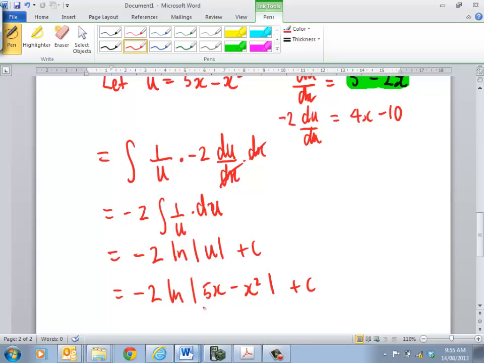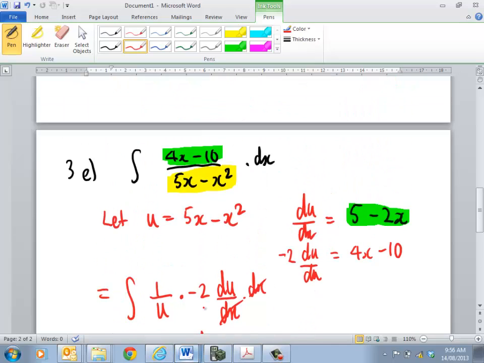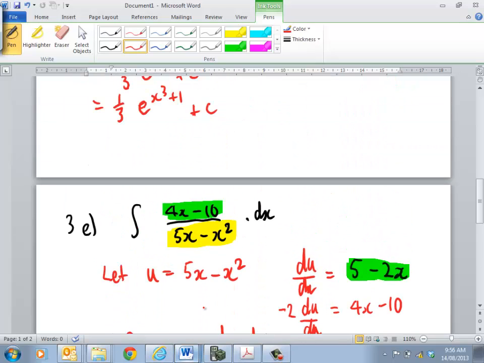Alright, so there's 3 very simple examples of doing that. Now for me, these are really easy to identify because you don't have them in the form of ax plus b. Alright, so it's pretty obvious that you need to use this technique, and you are always looking for, once you pick your u value, the thing with the highest power there, you're always looking to make sure that du dx is in here somewhere.